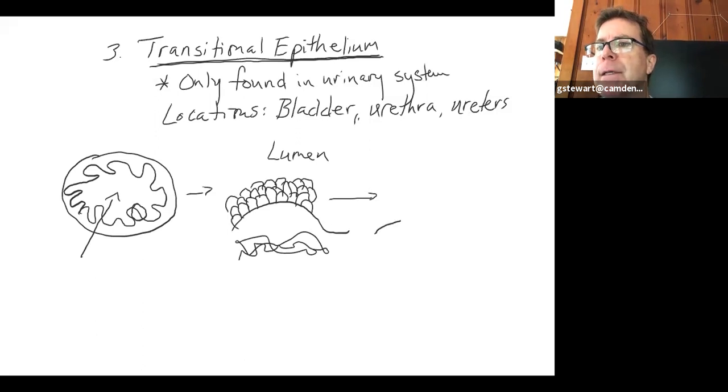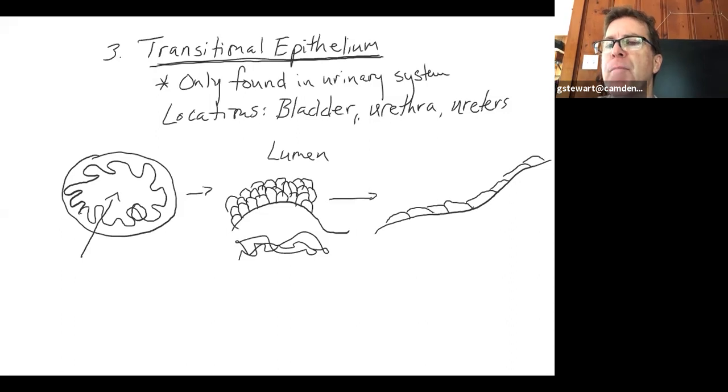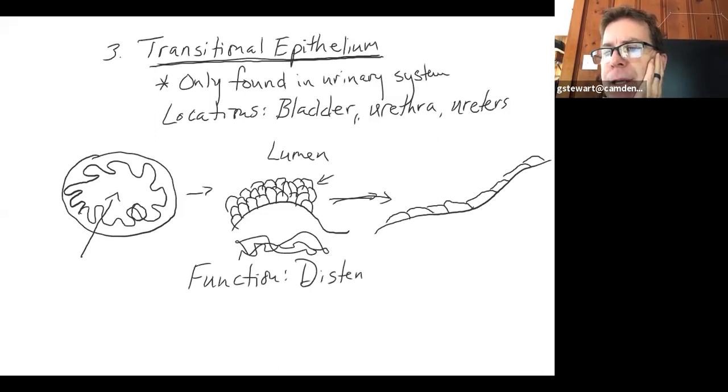And what happens is they stretch out and become more of a simple type of tissue like this. The ability for these cells to slide past each other when the lumen fills up with fluid gives its ability to stretch. So the main function of this tissue is a word called distensibility, distension, which just means the ability to stretch.